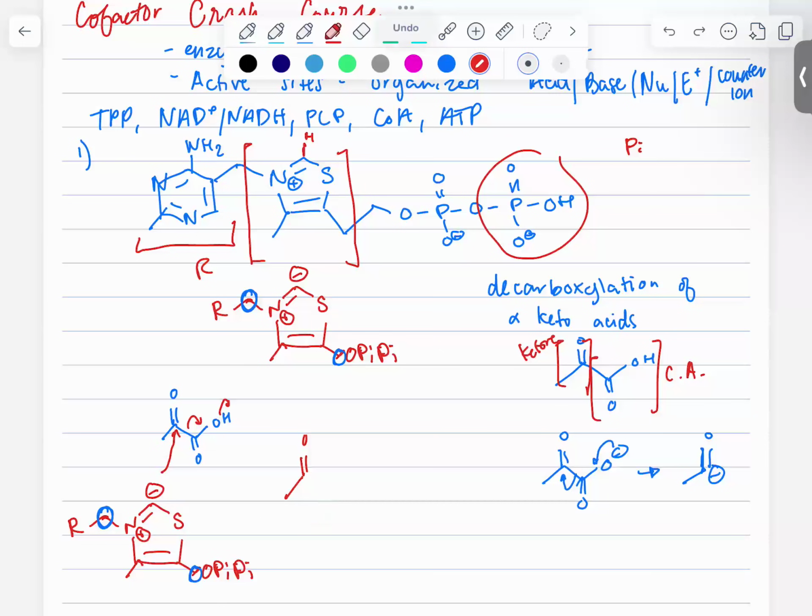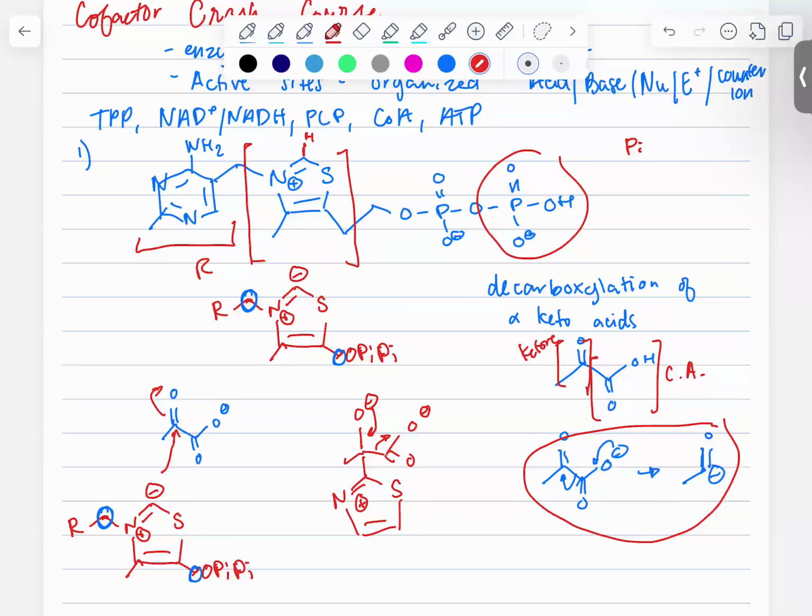And we can get this tetrahedral intermediate that then when it collapses can decarboxylate. So we can have our decarboxylation of our alpha keto acid using TPP.